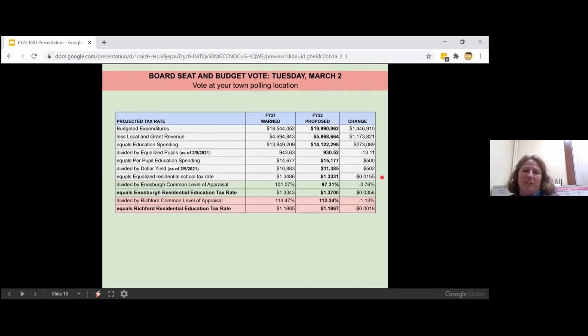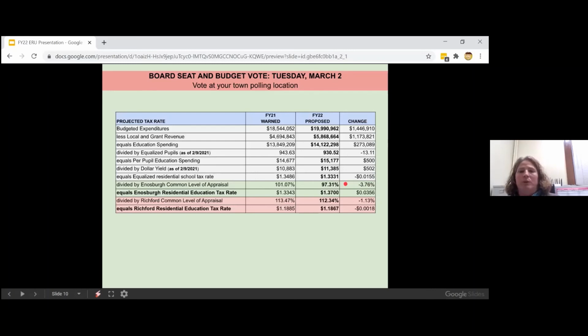But then there's this other lever set by the state, and that's the common level of appraisal, CLA. The rule of thumb is, if your common level of appraisal goes up, your tax rate goes down. If your common level of appraisal goes down, your tax rate goes up. This is set by the state as far as what your property values come in at. In Enosburgh, the CLA has gone down, which is going to increase the tax rate.